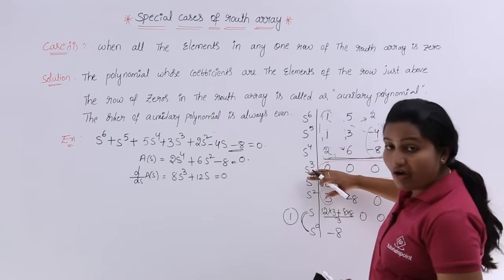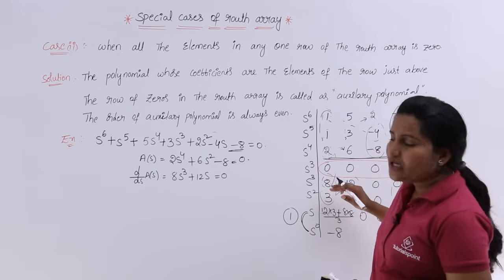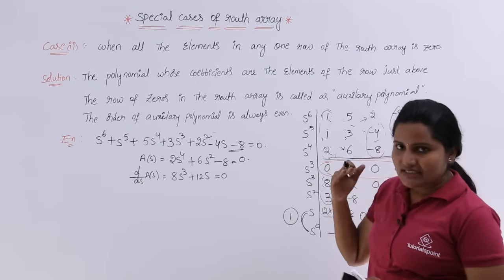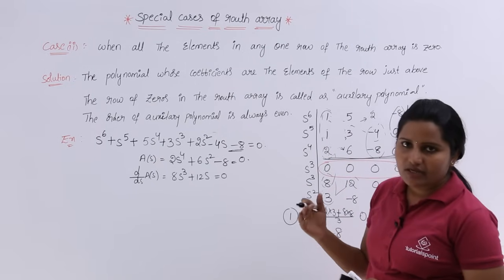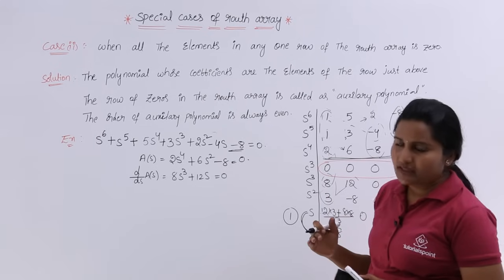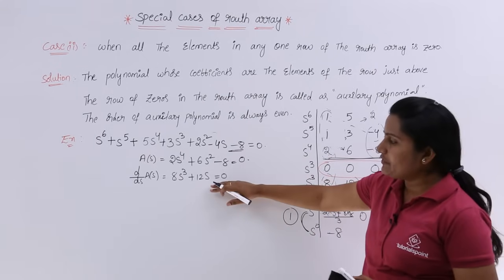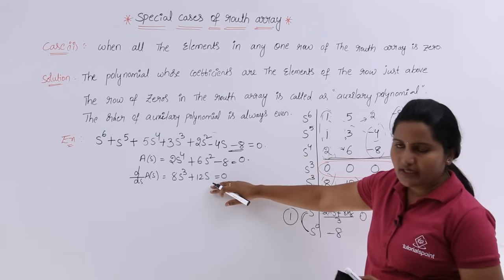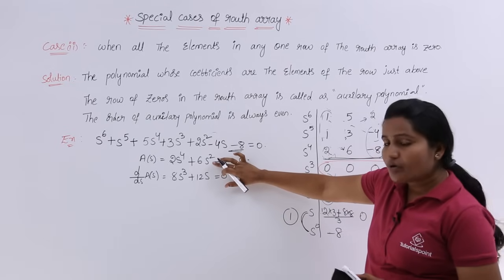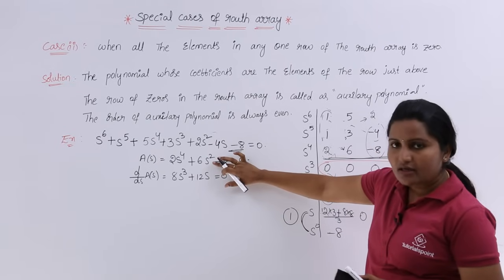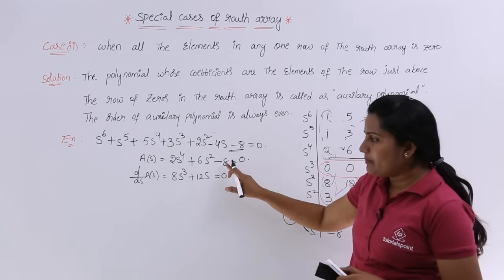Whenever you get all zeros in any row, then you need to consider the row just above that zero row as the auxiliary polynomial, and you need to consider the differentiation of that auxiliary polynomial. And please keep in mind, when you are considering the auxiliary polynomial, you need to consider even powers.